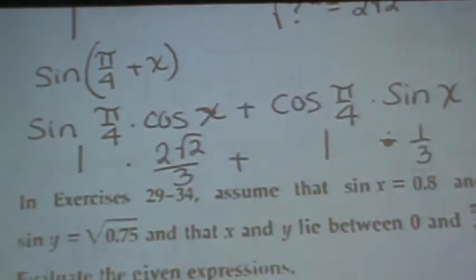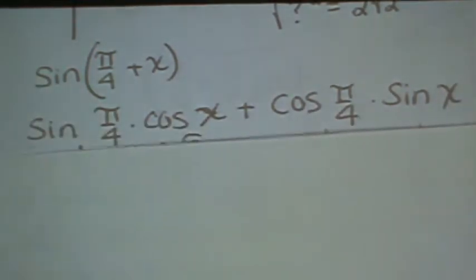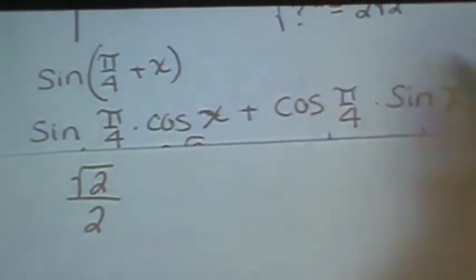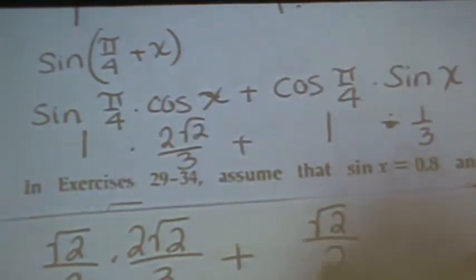This is my error. This is root 2 over 2. This cosine of x would be what I had before, 2 root 2 over 3, plus this is root 2 over 2, times 1/3.